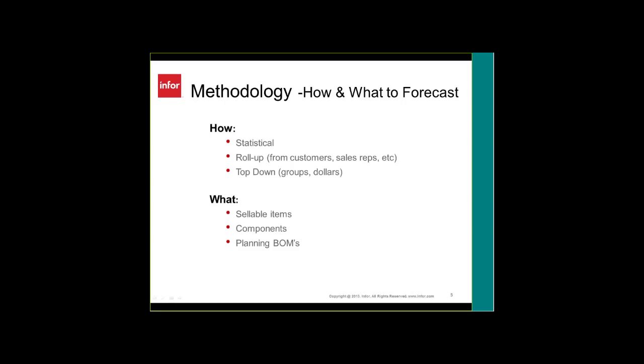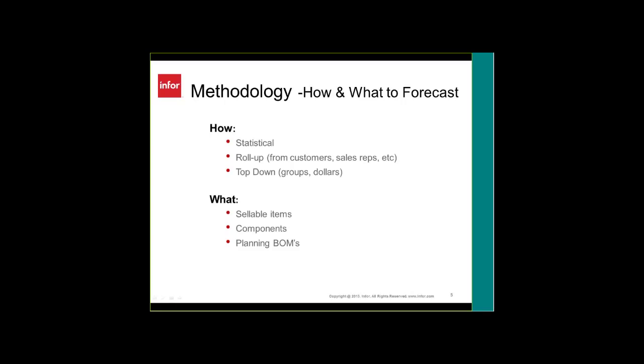Then once you know how you're going to forecast, you would decide what you want to forecast. For some companies that sell catalog-type items, make-to-stock type items, forecasting the sellable items that actually appear on customer orders is certainly the easiest approach. This works with standard SyteLine in the sense that standard SyteLine consumes forecasts at the sellable item level, but it stops there.